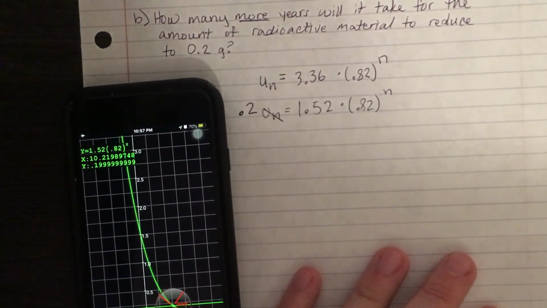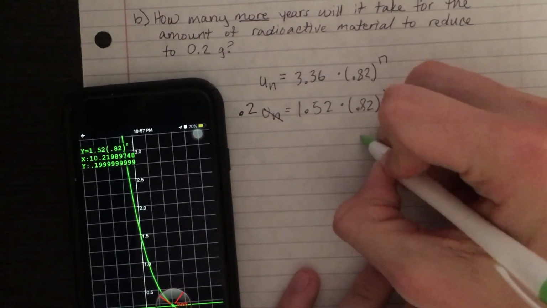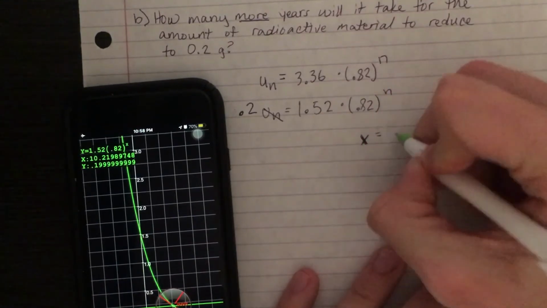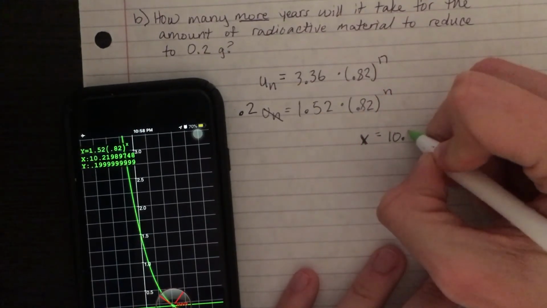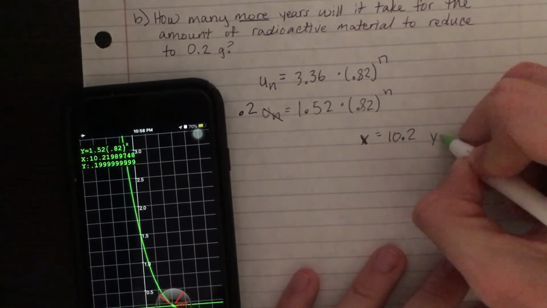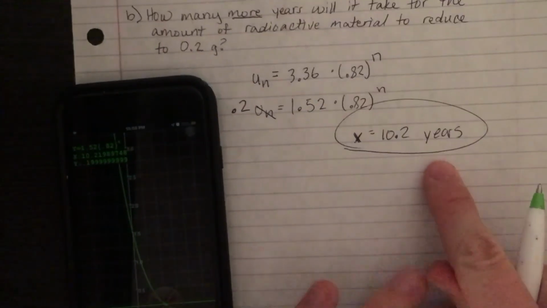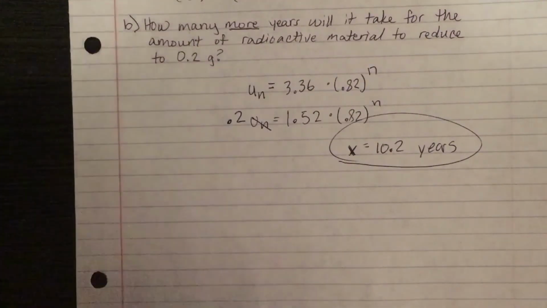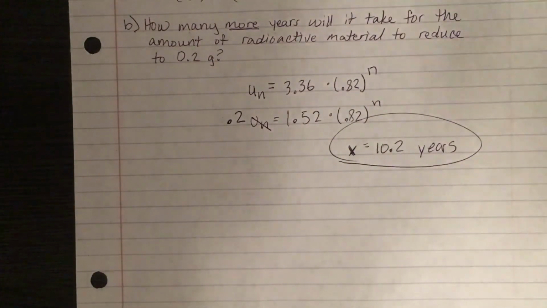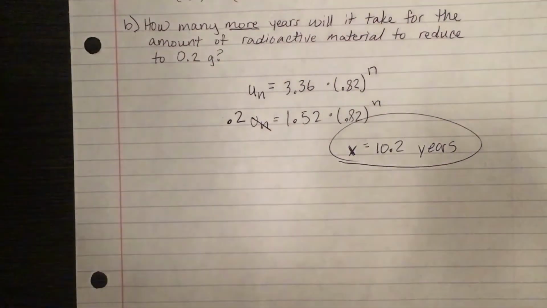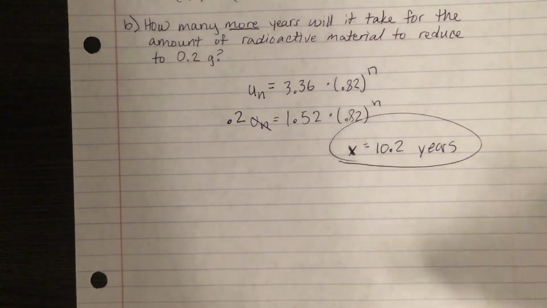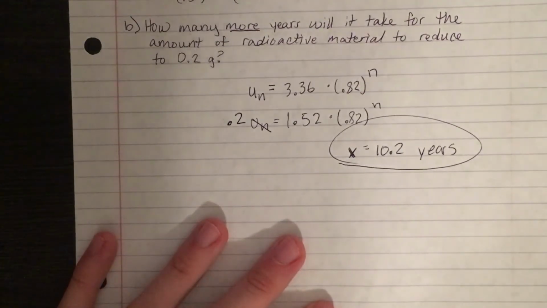So from that point it would be 10.2 years here. And from the original, it would have been 14 years total. But since it wanted to know from that 4 years, that's what we're going to look at there.